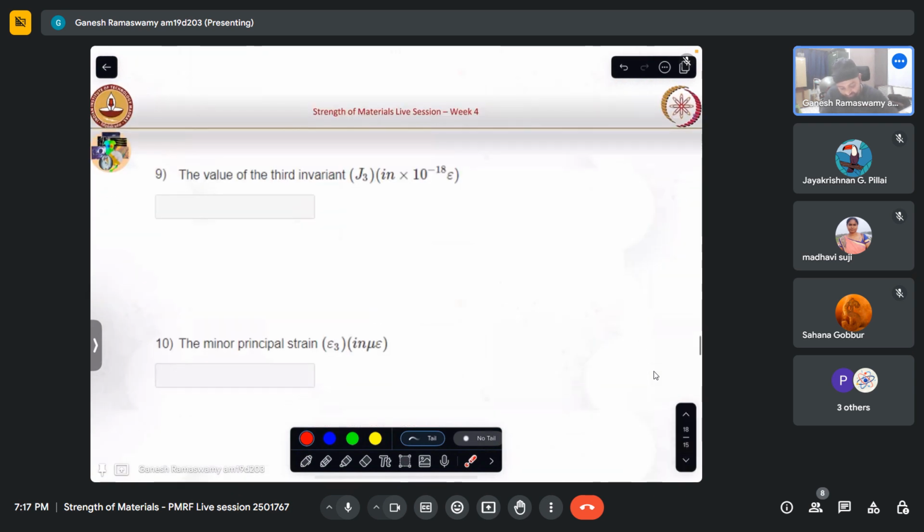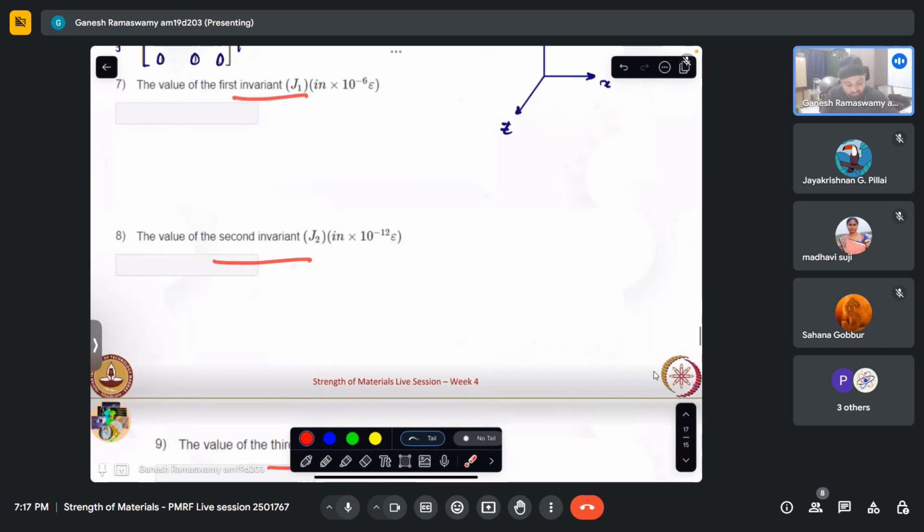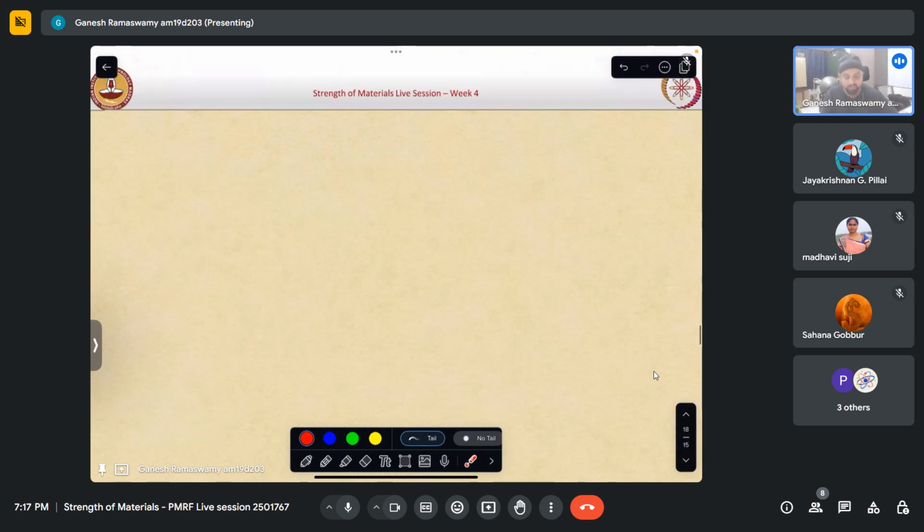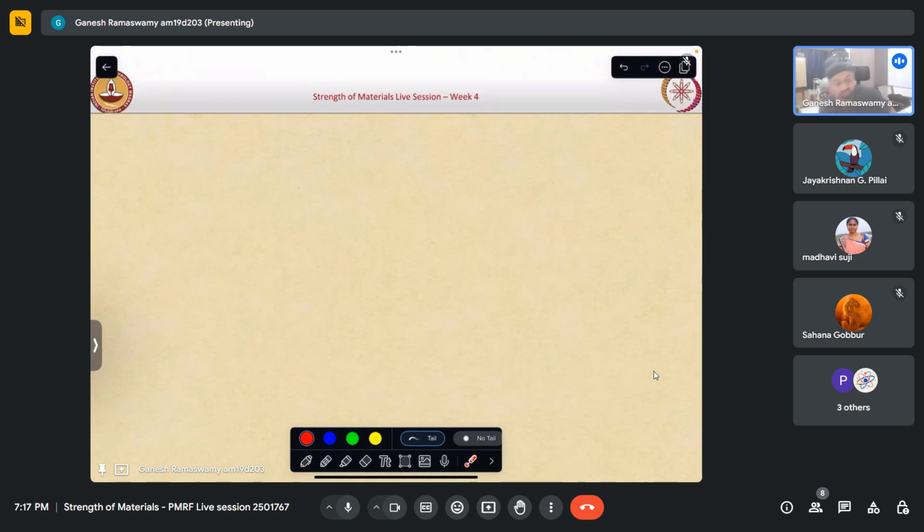As we discussed in our previous session, any tensor that can be represented as a matrix, if it is in 3 dimensions, will have 3 invariants. Invariants are quantities that do not change with transformations. If I have it in the xy coordinate system and convert it by rotating it by some angle theta, these quantities will not change. These quantities are characteristic of that matrix.